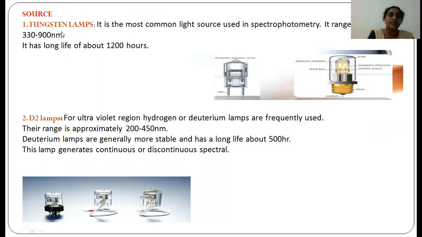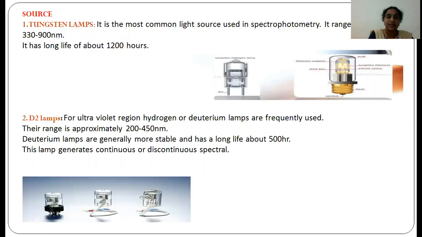The tungsten filament lamp is used to produce visible light, in the range of 330 to 900 nanometers, whereas the deuterium lamp is used to produce ultraviolet light, in the range of 200 to 450 nanometers. So these two lamps are used as a source in UV spectrophotometer.